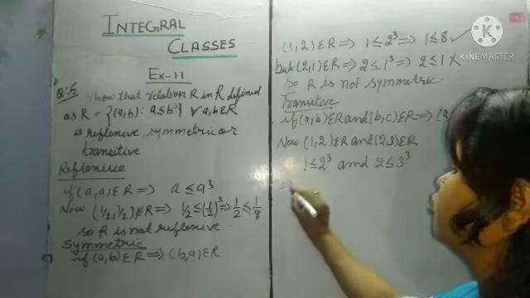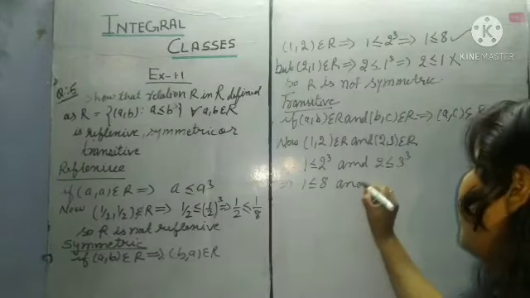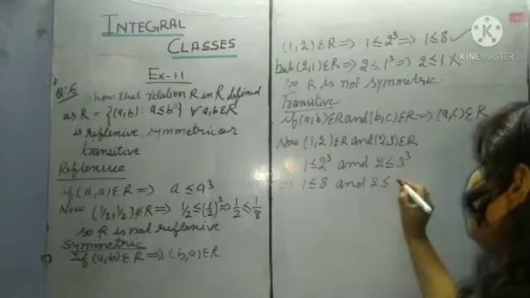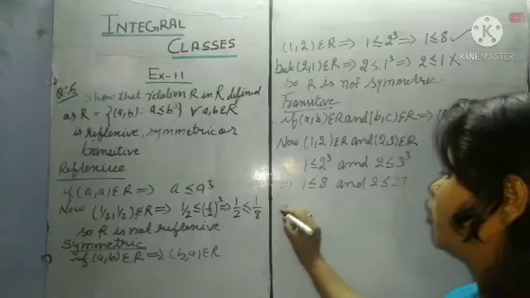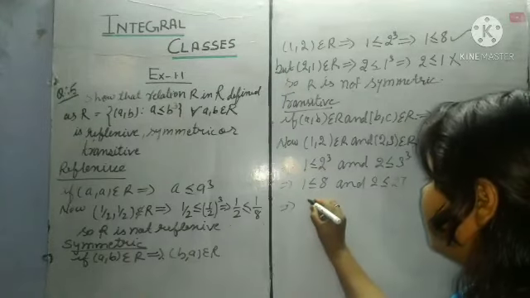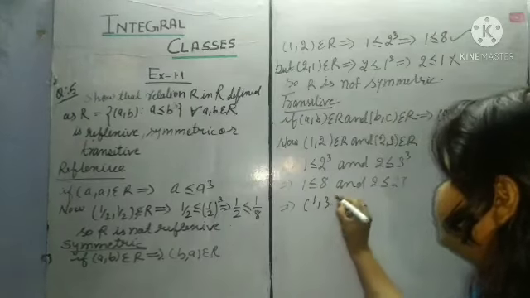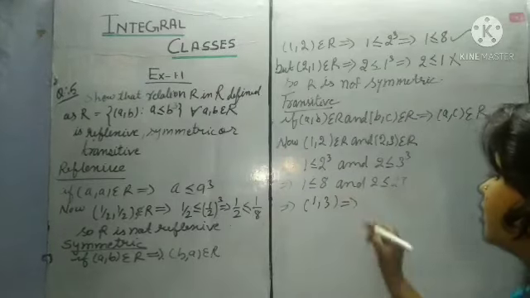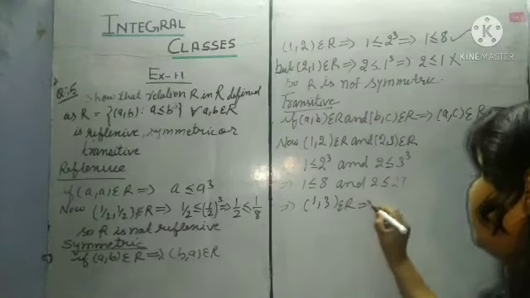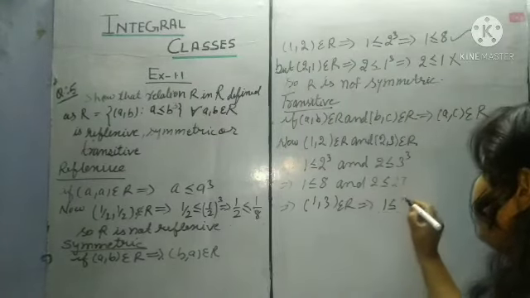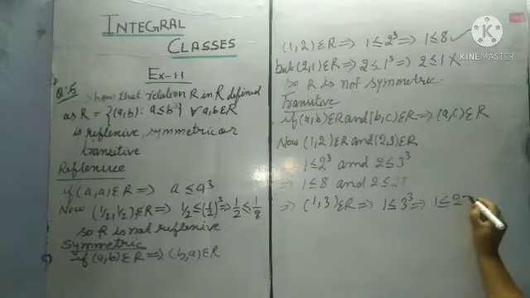So it should be 1 is less than or equal to 8 and 2 is less than or equal to 27. So it implies that (a, c), which means (1, 3), belongs to R. We will write here 1 is less than or equal to 3 cubed, so 1 is less than or equal to 27.